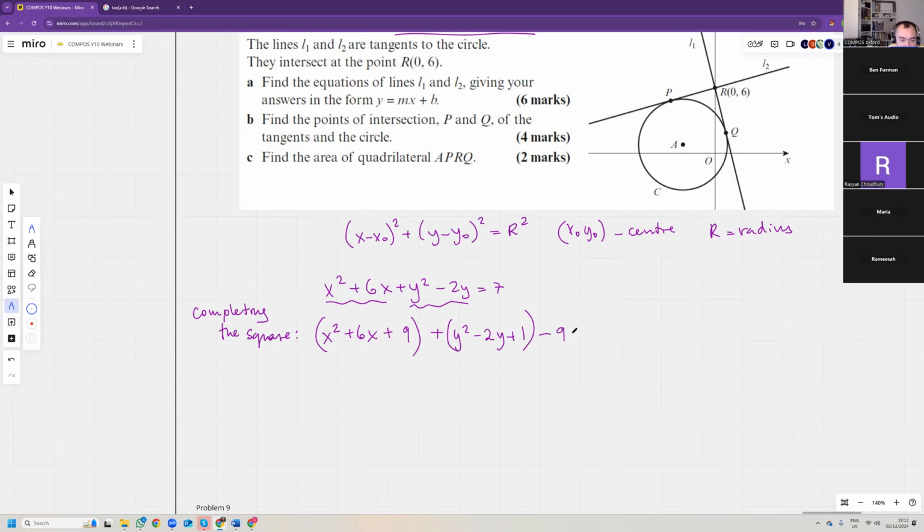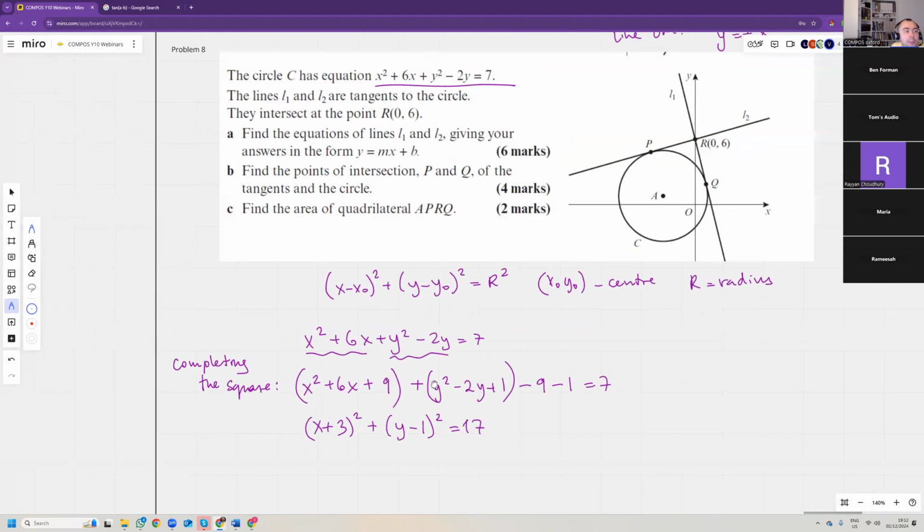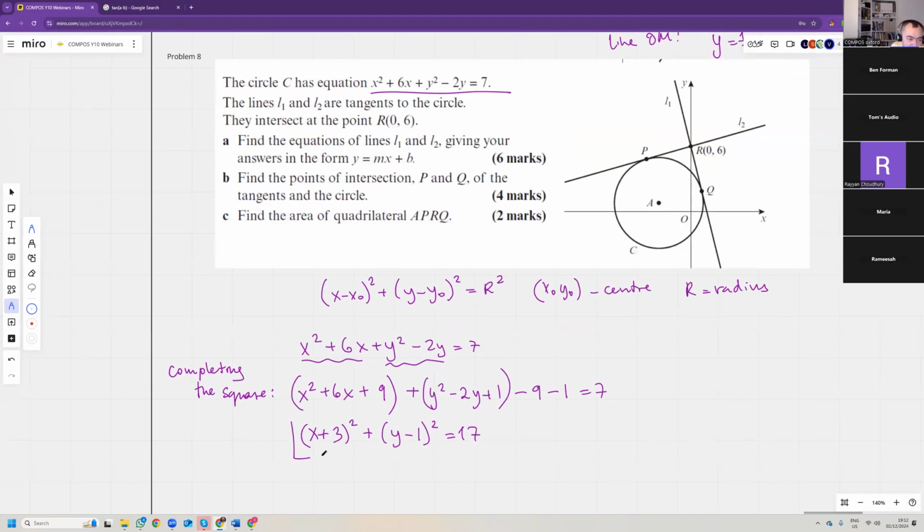And then we do minus 9 minus 1 equals 7. So that's x plus 3 squared plus y minus 1 squared equals 10 plus 7, 17. So this is the equation of the circle. The center of the circle is minus 3, 1. And the radius is square root 17.